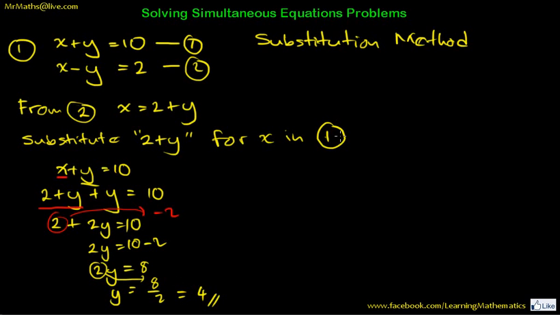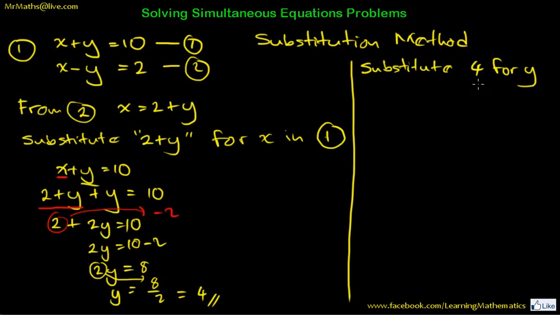So now the next step is I'm going to steal some space here, okay? A little space. Substitute 4 for y in, okay, let's name it as equation 3, in 3.